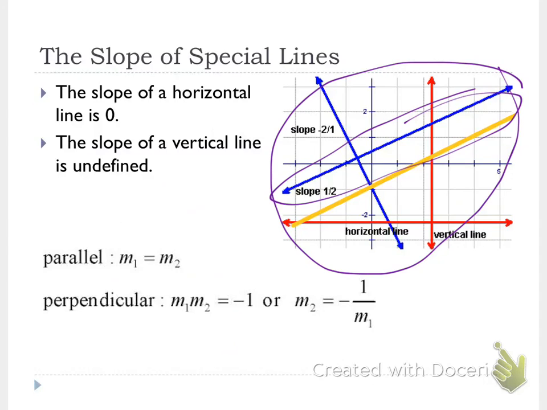So the slope of its perpendicular line at a point is the opposite reciprocal. So you take your slope and you put a negative on it. If it's negative, you multiply it and it becomes positive, and then you flip it. Whatever was on the top goes on the bottom, and whatever was on the bottom goes on the top.